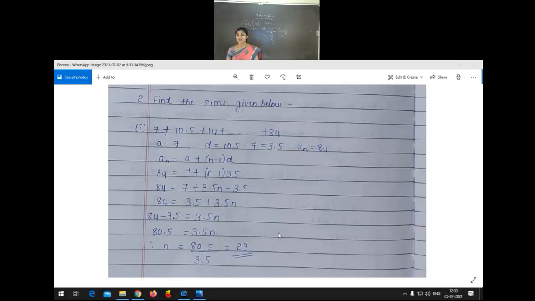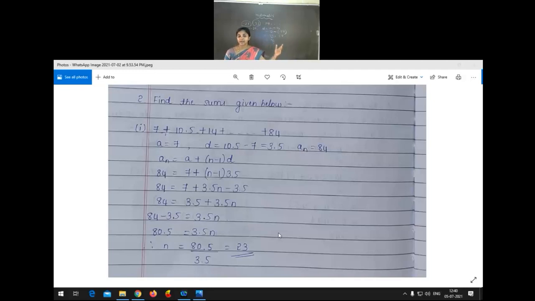Number of terms using the general term of an AP, that is AN is equal to A plus N minus 1 into D. Again, we are in the sum of n terms of an AP, but still we cannot leave the old topics. We have to take that topic along with you.